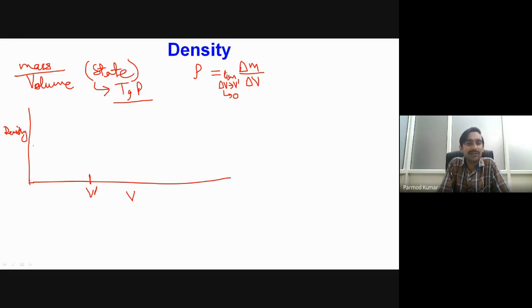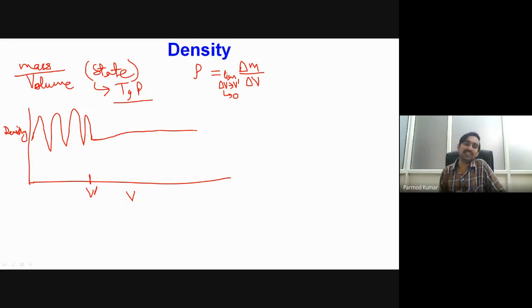In this duration, we will have a very oscillating variation of the density, so density will not show any particular trend. After this volume V dash, we will get some fixed value of density, which will then remain constant irrespective of the change of volume.